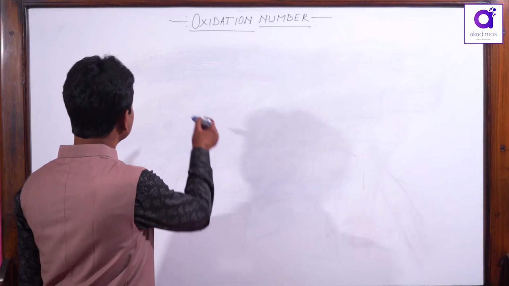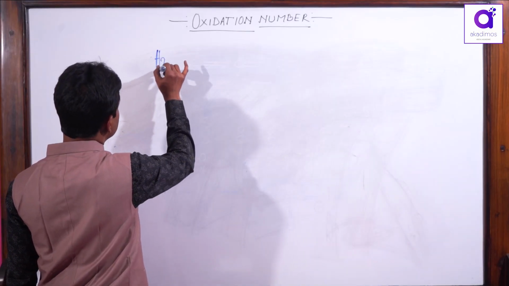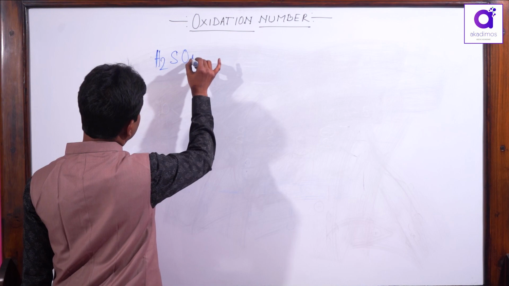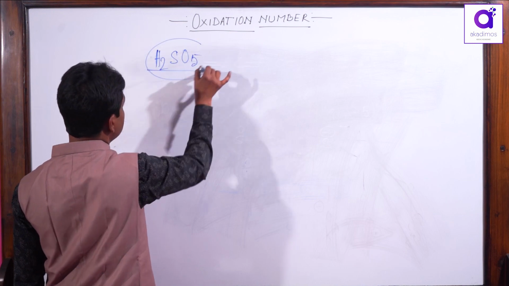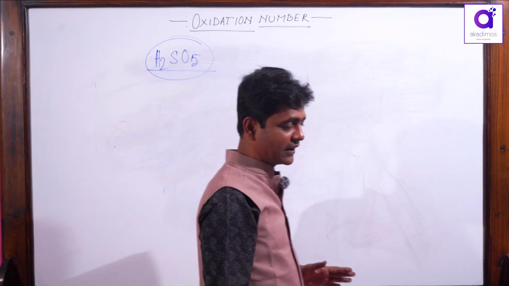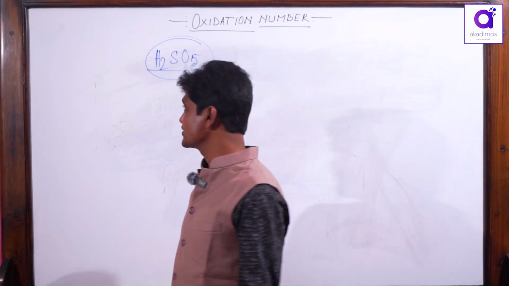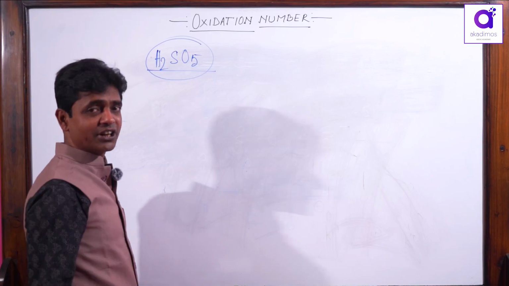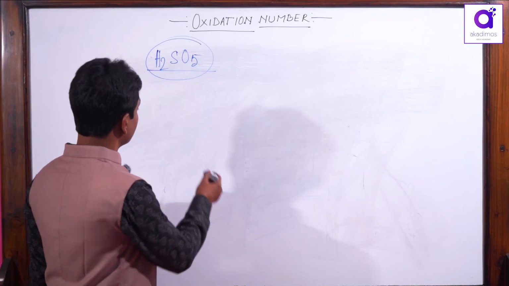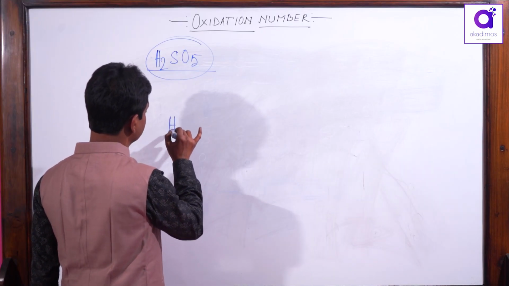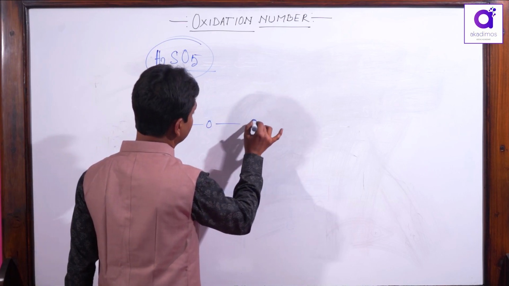Now, you know H2SO5. It is a peracid of sulfur. It is called peroxymonosulfuric acid or Caro's acid. Here the oxidation number of sulfur you will get from the structure. If you calculate by taking oxygen as minus 2, your answer will be wrong.